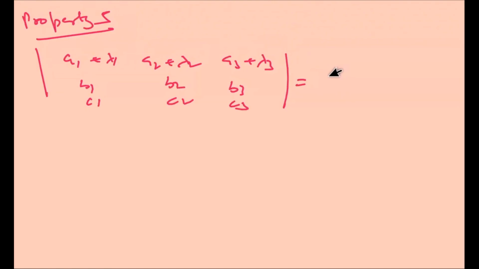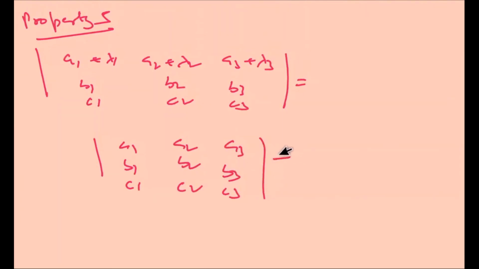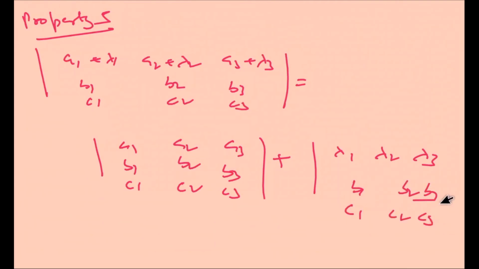This can be expressed as two determinants: a1 b1 c1, a2 b2 c2, a3 b3 c3, plus lambda 1 lambda 2 lambda 3, b1 b2 b3, c1 c2 c3. So if a column or row is expressed as a sum, then we can express it as two or more determinants.